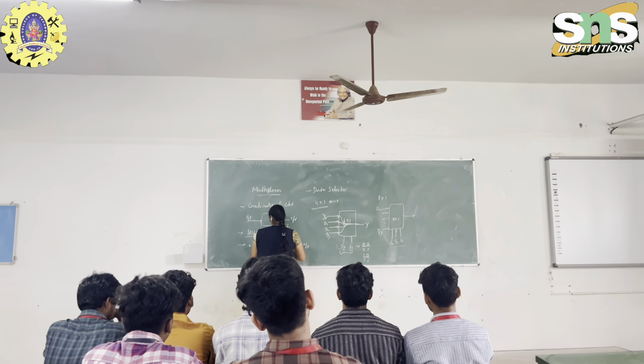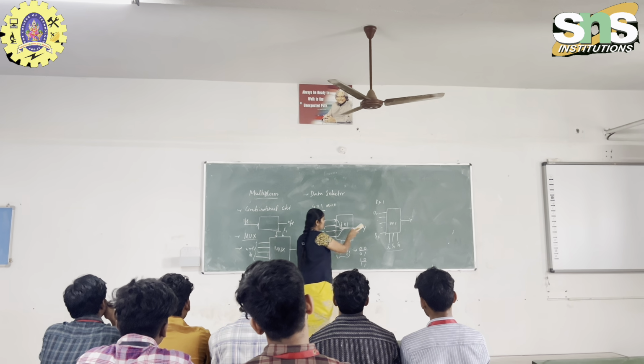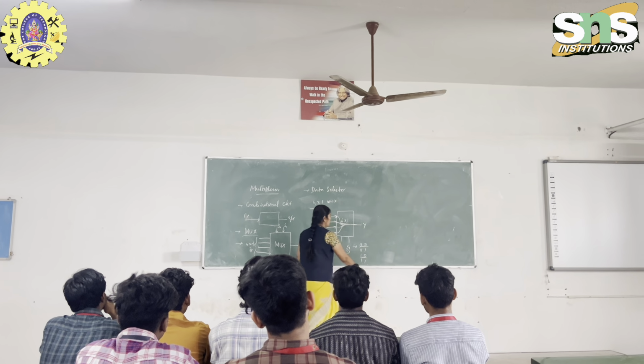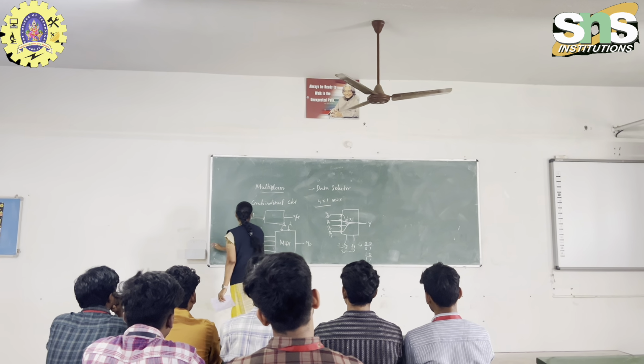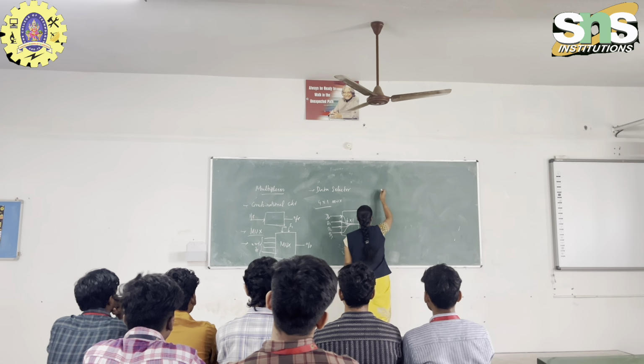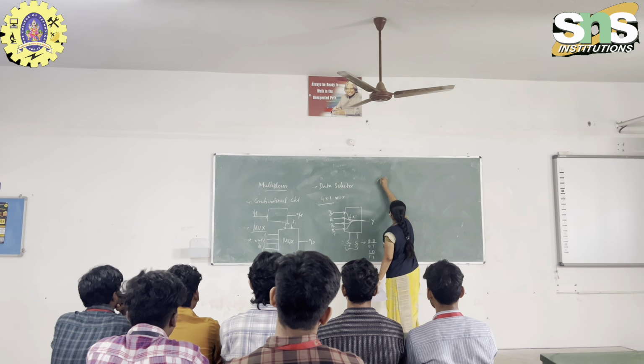We already saw that combinational circuits have a set of design procedures. First we have to identify the inputs and outputs, and then draw the truth table based on the input and output.